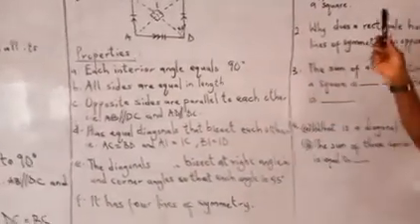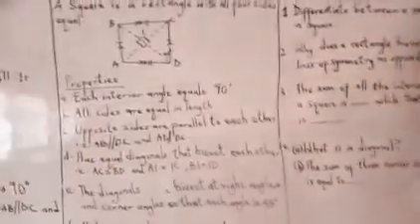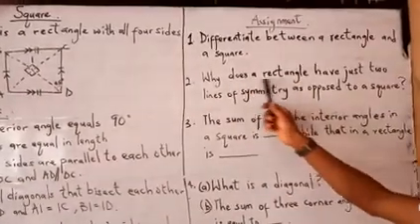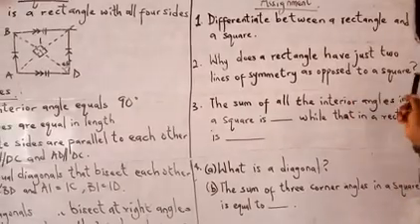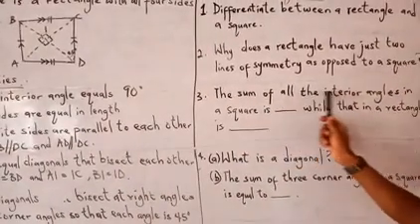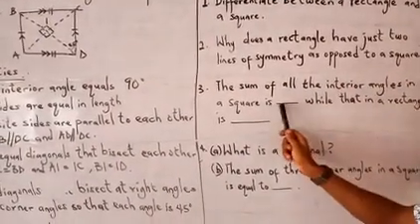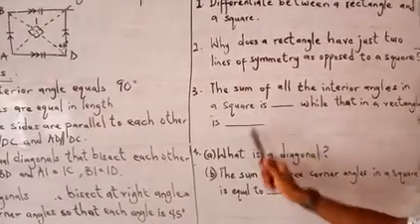And the following questions are for your assignment. 1. Differentiate between a rectangle and a square. 2. Why does a rectangle have just 2 lines of symmetry as opposed to a square? 3. The sum of all the interior angles in a square is, you give the figure. Why that in a rectangle is this?